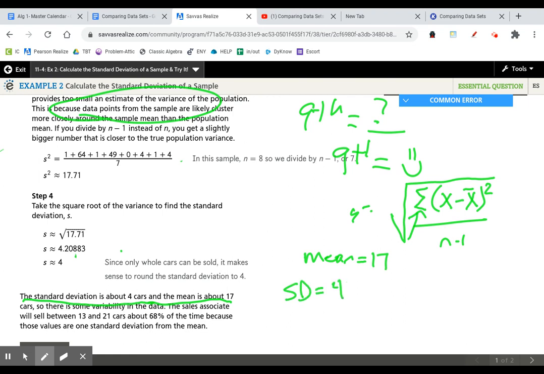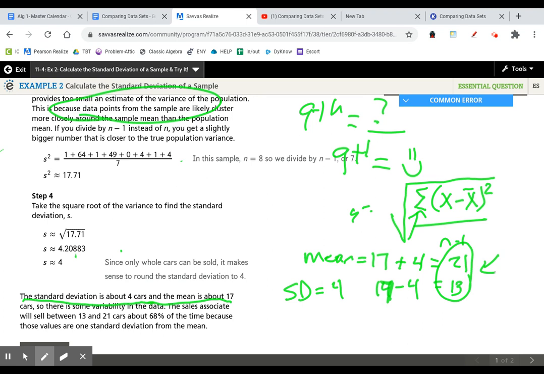That means if I add 4 to 17 and I subtract 4 from 17, what am I getting? 17 plus 4 is 21, and 17 minus 4 is 13. So keep those numbers in mind. It's saying about 68% of the time, he's selling somewhere between 13 and 21 cars.